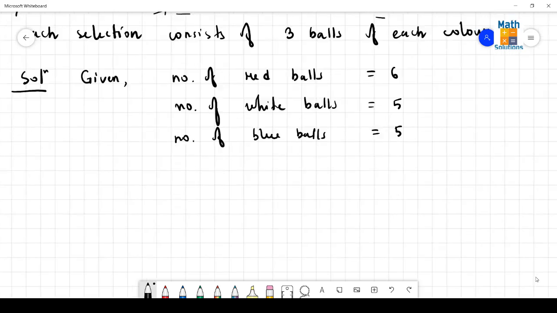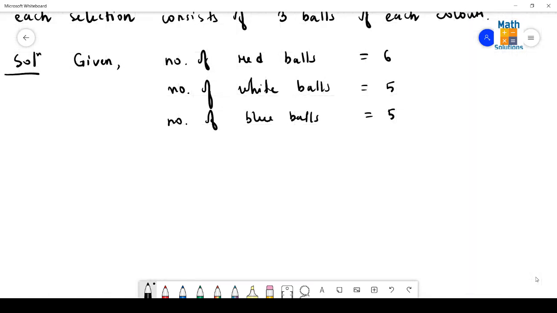Here I have to mention that according to the question, each selection consists of 3 balls of each color.